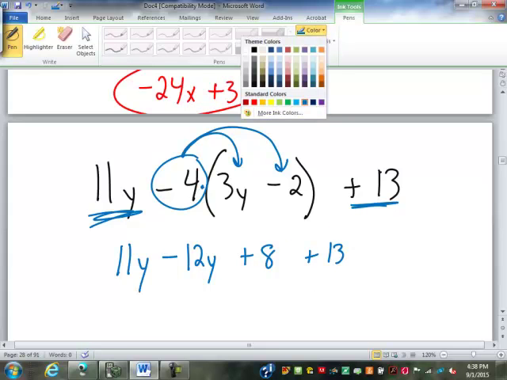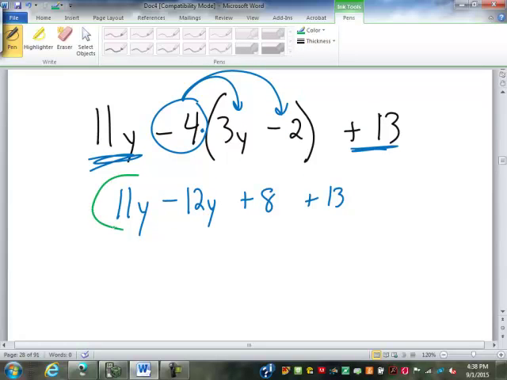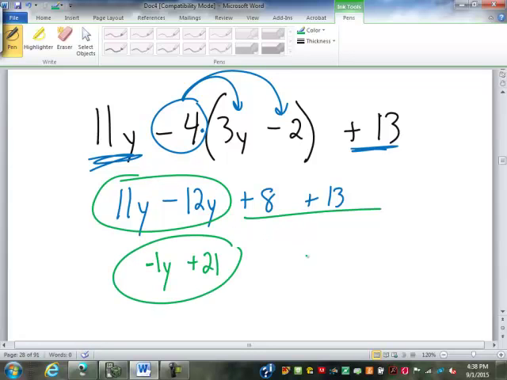Then what? We can combine. So 11y and negative 12y is negative 1y, or you could just put negative y if you wanted to. Then what? Plus 21. 8 and 13 combined make 21. So either negative 1y plus 21 or just negative y plus 21.